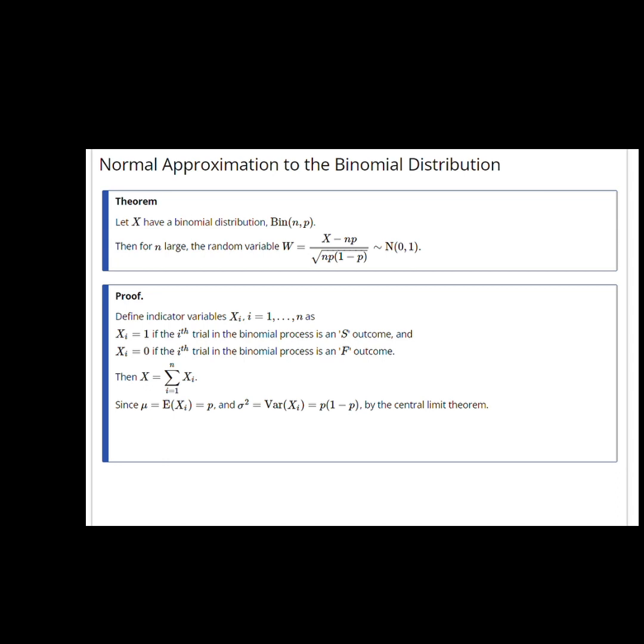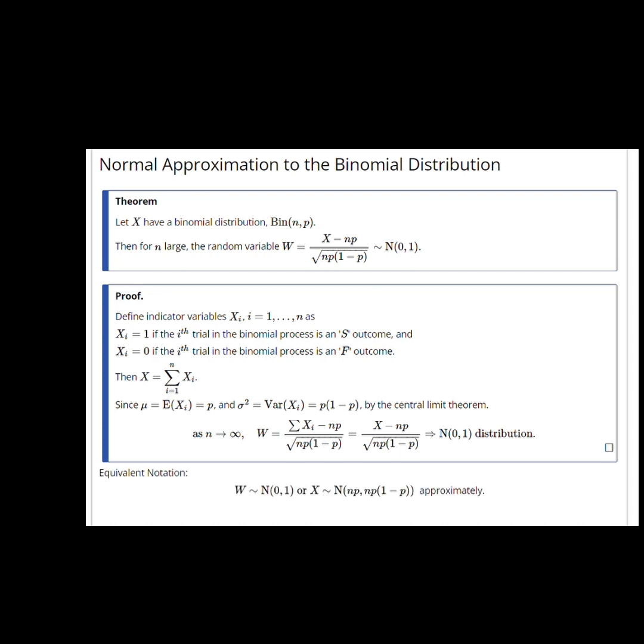Since the expected value of xi is the probability of success, p, and since the variance of xi is a binomial variance with n equals 1, p times 1 minus p, then a direct application of the central limit theorem says, as n goes to infinity, the standardized random variable, the sum of xi minus np over the square root of np times 1 minus p, approaches the normal 0, 1 standard normal distribution, in the sense that the cumulative distribution function of w approaches the CDF of the normal 0, 1.